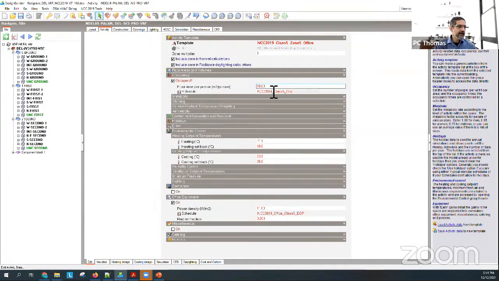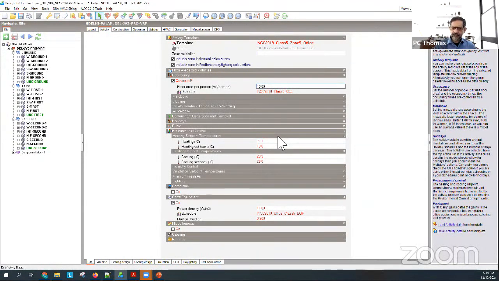But you should go and look at your national building code, NBC. And usually the NBC will tell you how many square meters per person. And then you start to count the load from that.